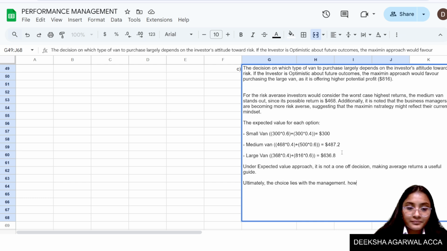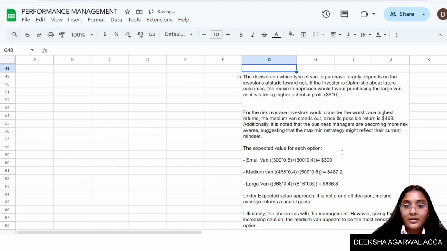However, if you look at the calculation and explanation we have shown above, given their increasing caution, which one is better? The medium van appears to be the most sensible option. And I am done.